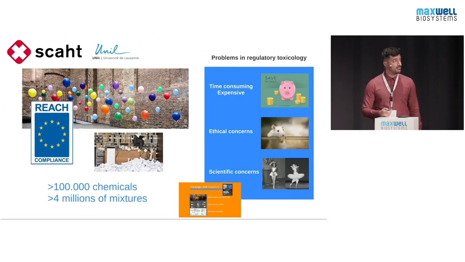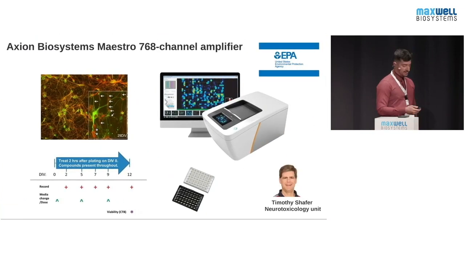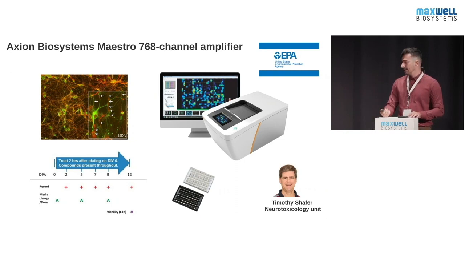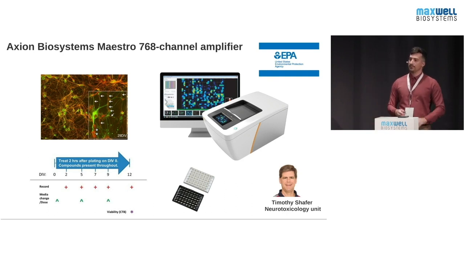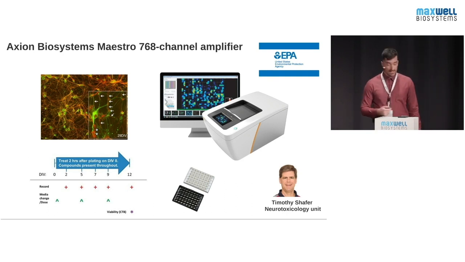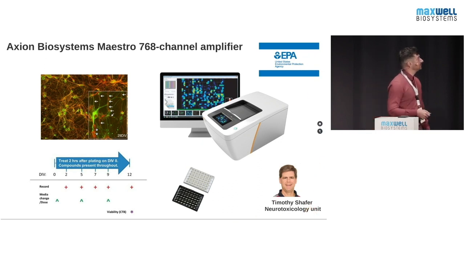So from that, many people have been trying to develop different assays, especially in the US. We have the NCATS program and Tox21, a huge program on in vitro assays using high throughput technologies. One of the groups, and the person responsible for the unit, is Timothy Shafer, at the EPA, the Environmental Protection Agency.